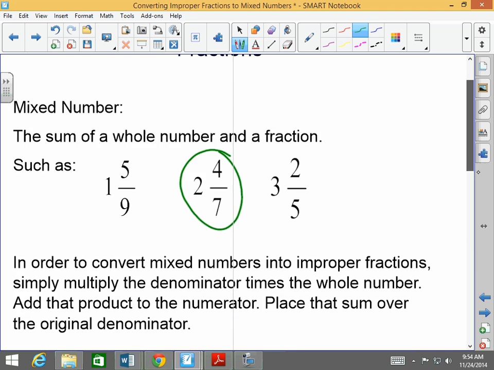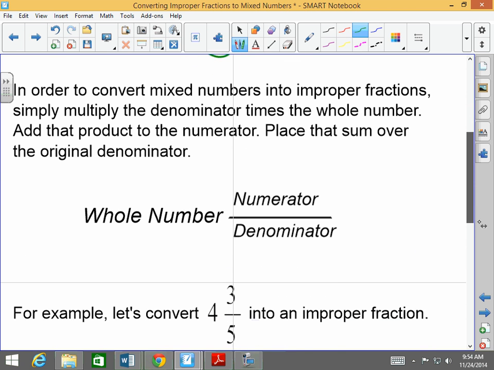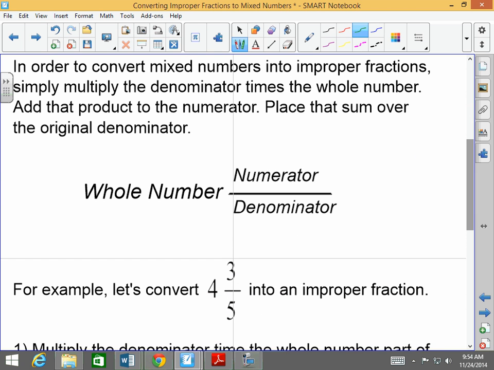Now, in order to convert mixed numbers into improper fractions, simply multiply the denominator times the whole number. Add that product to the numerator and place that sum over the original denominator.